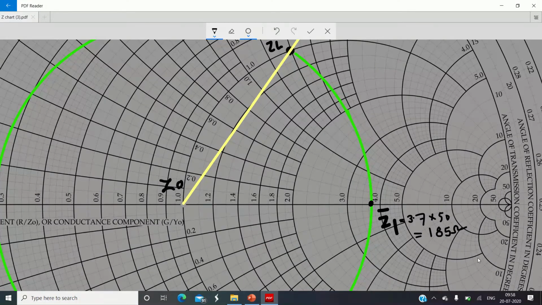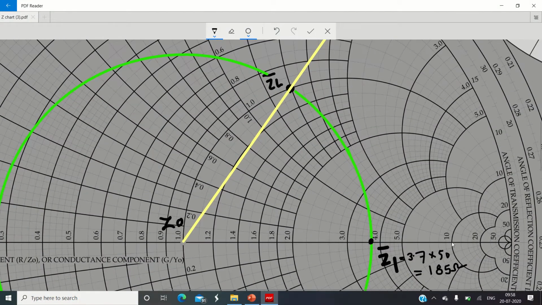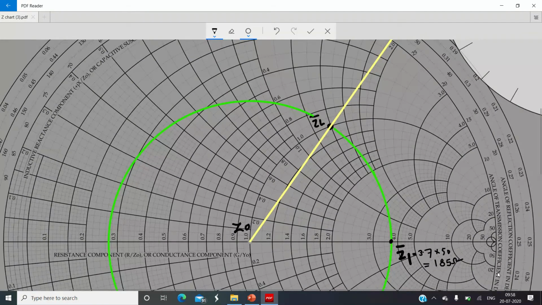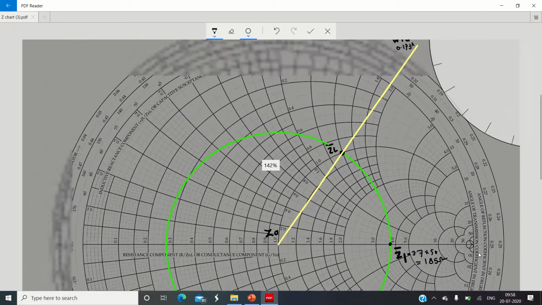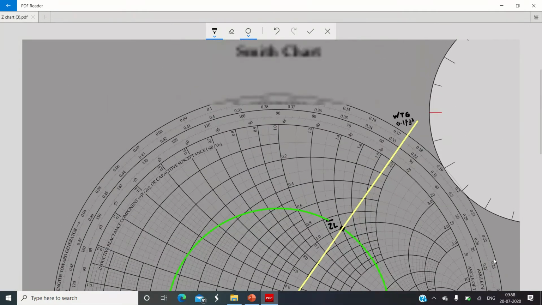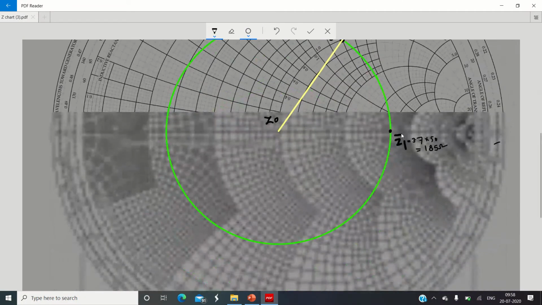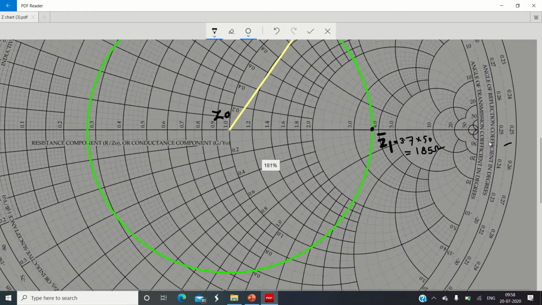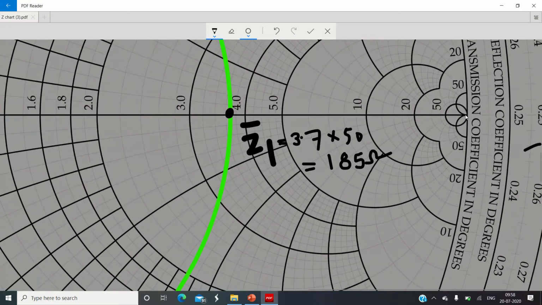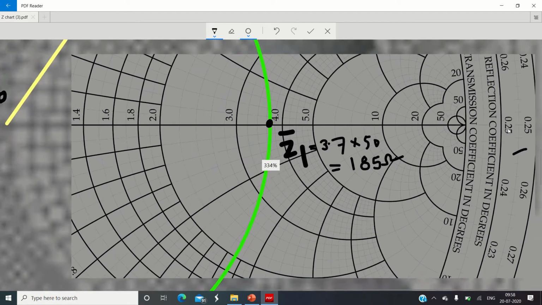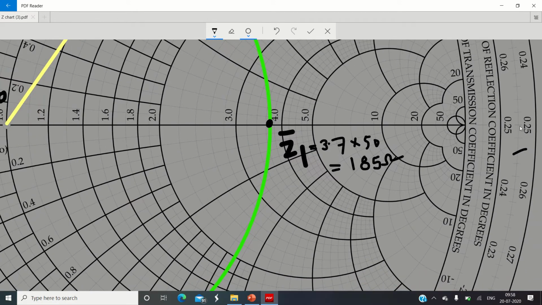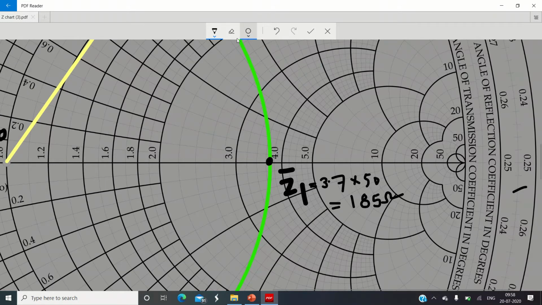Now here you need to read what is the value of wavelength towards generator. Now if you observe over here clearly on the right hand side, on this particular point the wavelength towards generator value is 0.25.